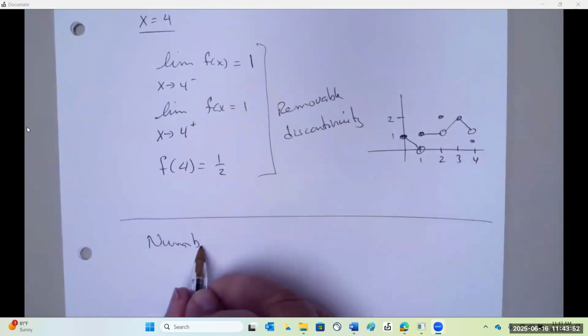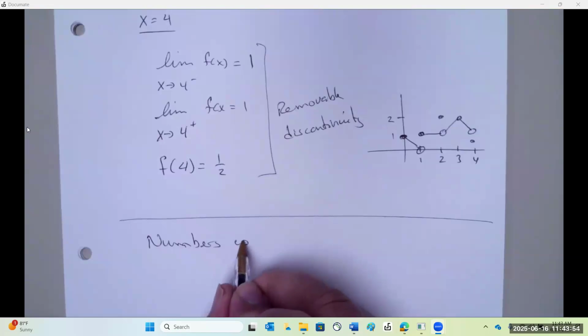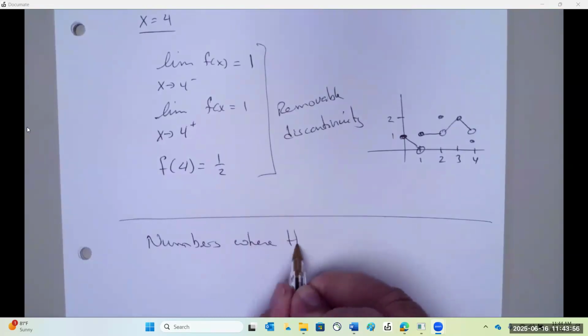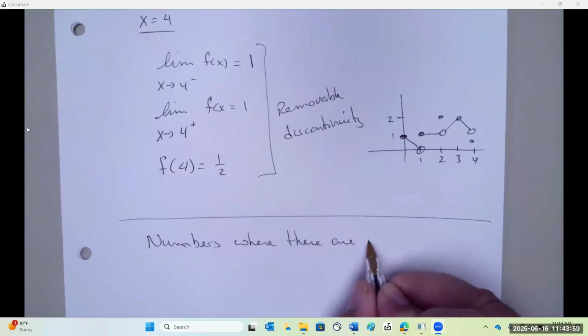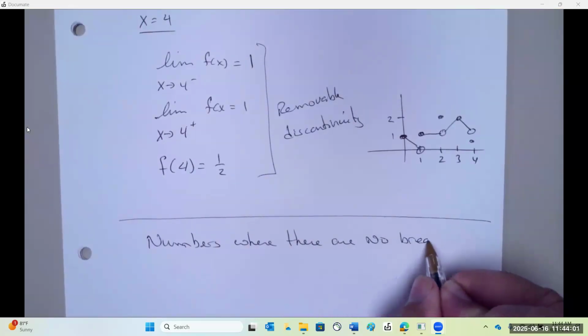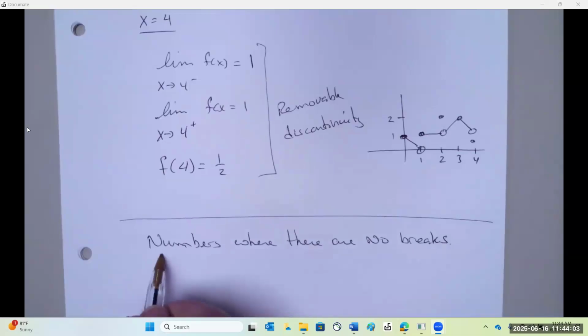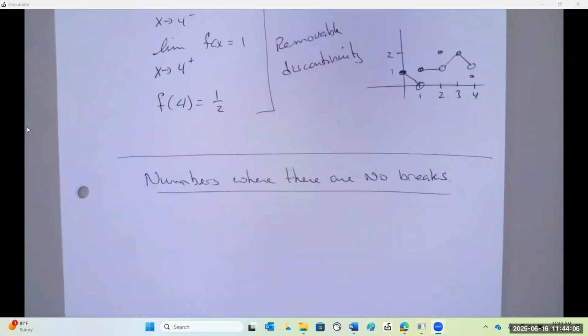Looking at the graph, let's look at numbers where there are no breaks. And that only happens where? Why 0? Right.